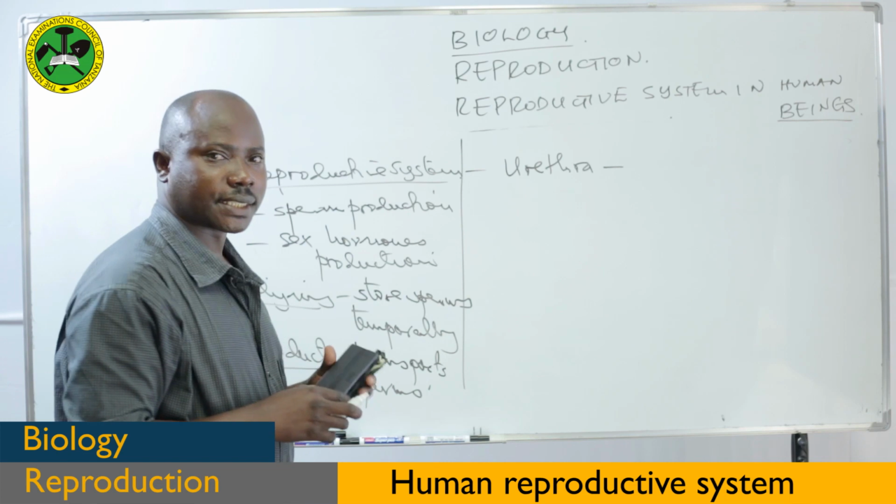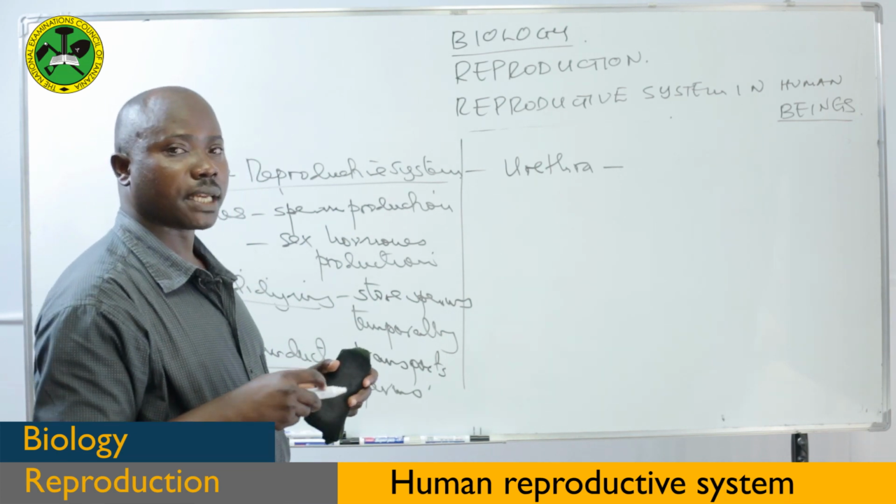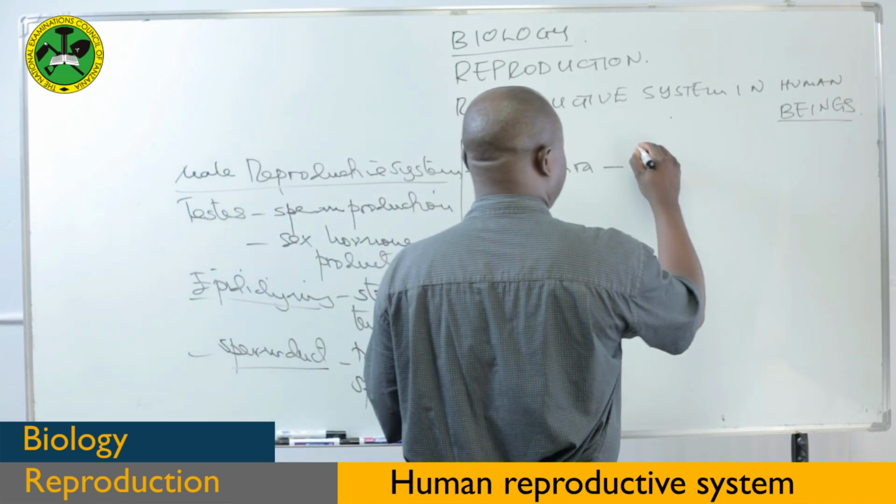Urethra transports spermatozoa from the inner part of the male reproductive system to the female reproductive tracts.